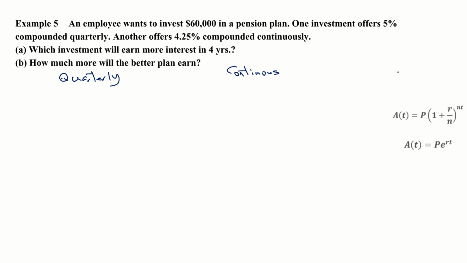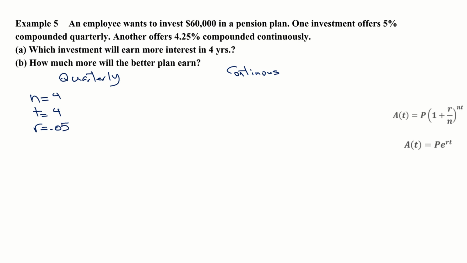In that formula, n is going to be 4. That's what quarterly means. It's for 4 years, so that's t. And the rate is 5%, so we always use the decimal equivalent, 0.05.